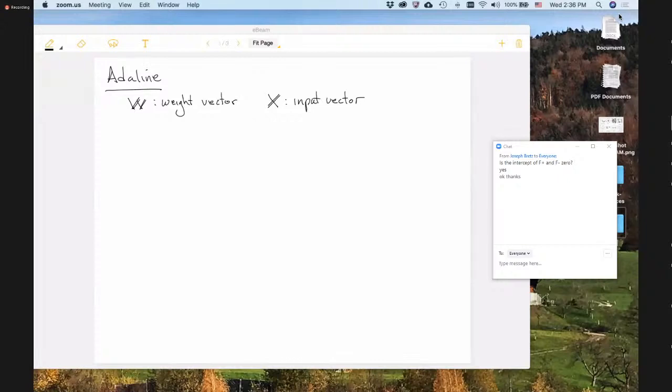So no change there. And we are going to be calculating this weighted sum, just like we did with the perceptron.